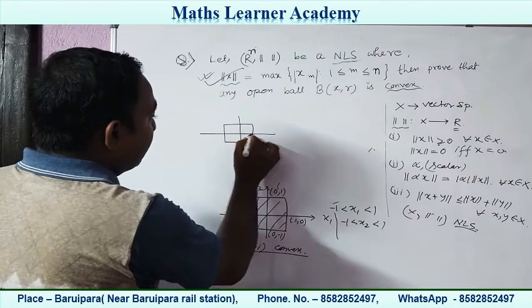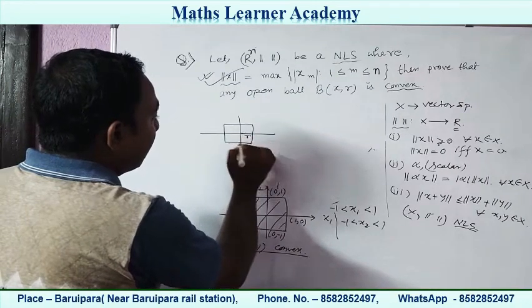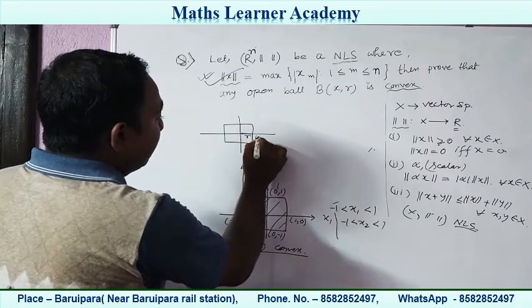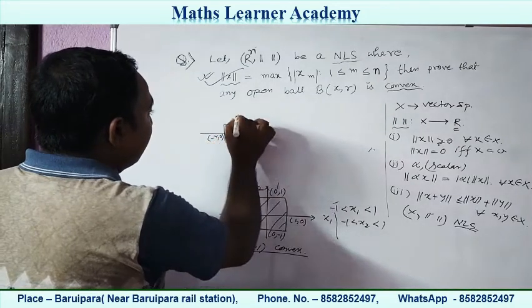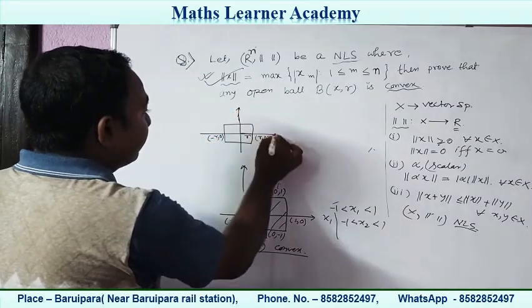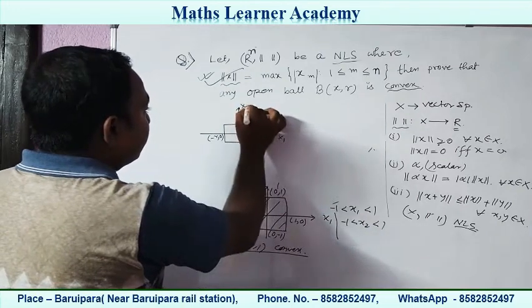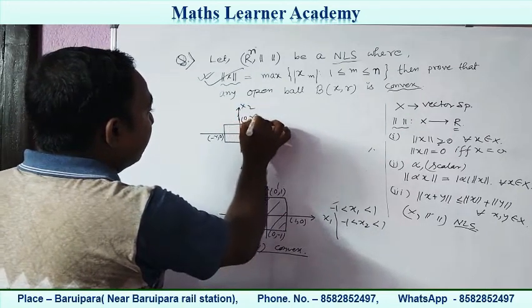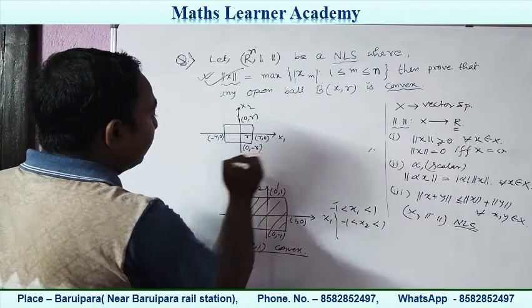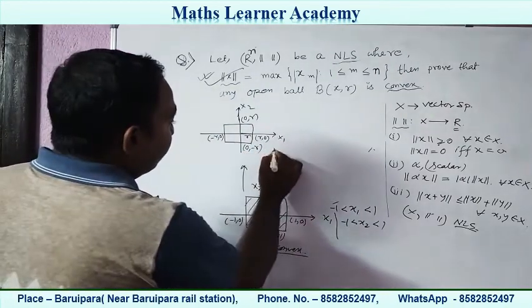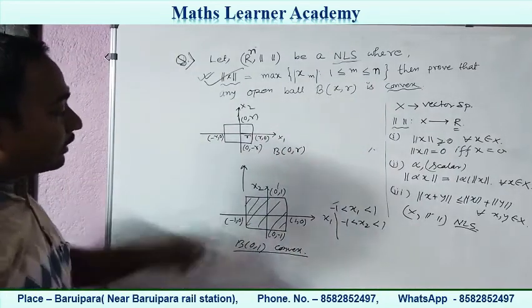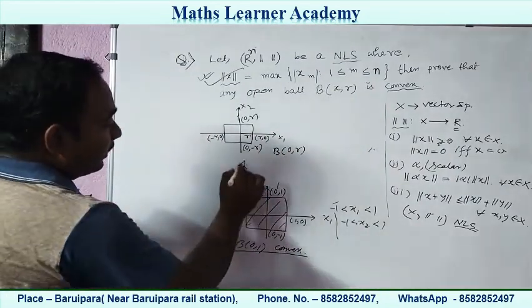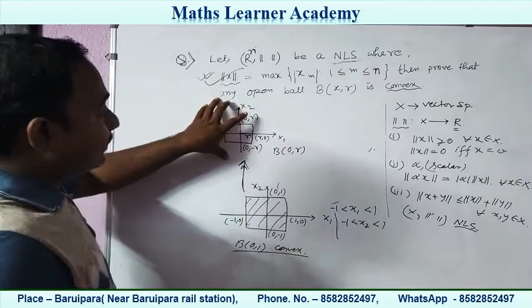Suppose here I am taking this as (r,0), this is (-r,0), and similarly on the x1, x2 axes, this is (0,r) and this is (0,-r). Therefore this ball will be the B(0,r) ball, right? Contracting this, we get this figure.